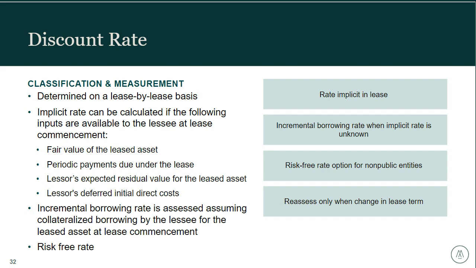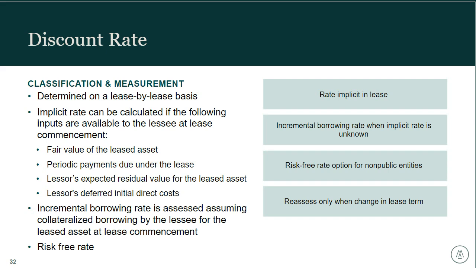You apply that risk-free rate to your leases based on the similar term. To me, that should hopefully simplify this for a lot of folks upon implementation and going forward.